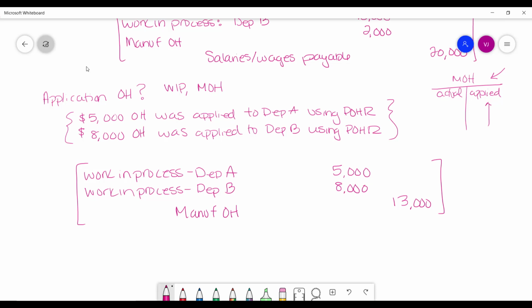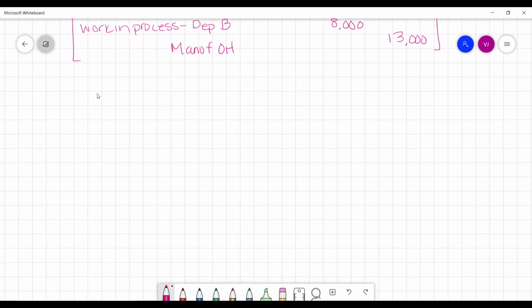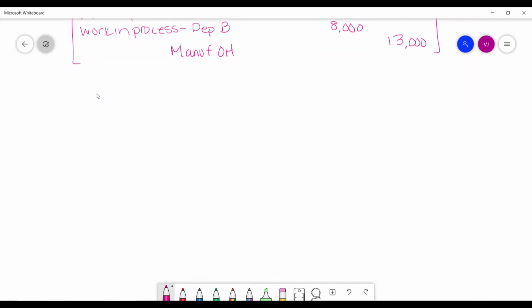Okay? Now keep in mind, when goods are finished in one department, their costs are just transferred from the one department to the next. So we need to know what that entry would look like as well. So let's assume that Department A finished work on units so far costing $12,000.